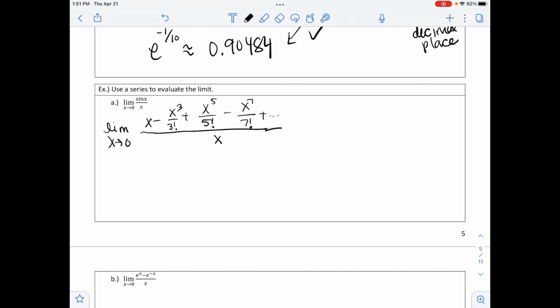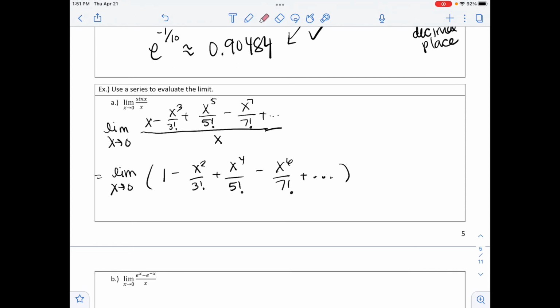And so from here, you can divide each of these terms by that x that's in the denominator, and we get the limit as x approaches 0 of, so the first term would be 1, minus, and then x cubed over x would be x squared over 3 factorial, plus x to the 4th over 5 factorial, minus x to the 6th over 7 factorial, and then this would also continue on.